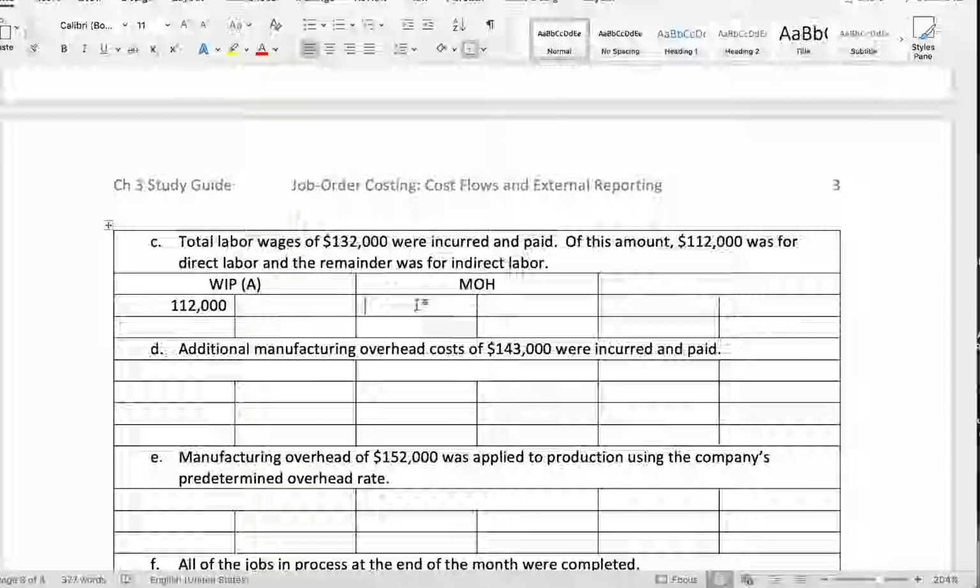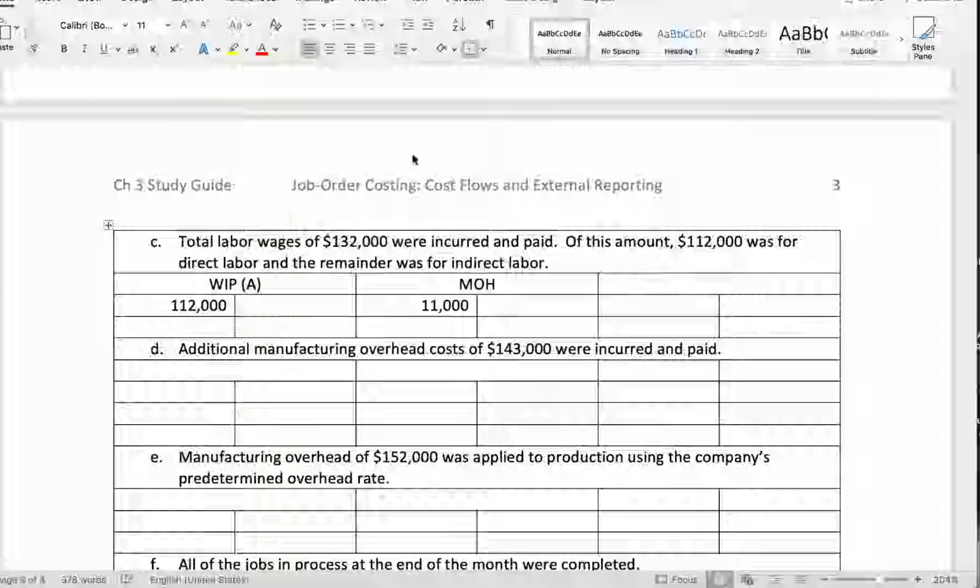How much did we apply? The difference between 132,000 and 112,000 is 20,000, so we need to debit manufacturing overhead for that amount. What we're saying is that we actually incurred that much for manufacturing overhead in the form of indirect labor.